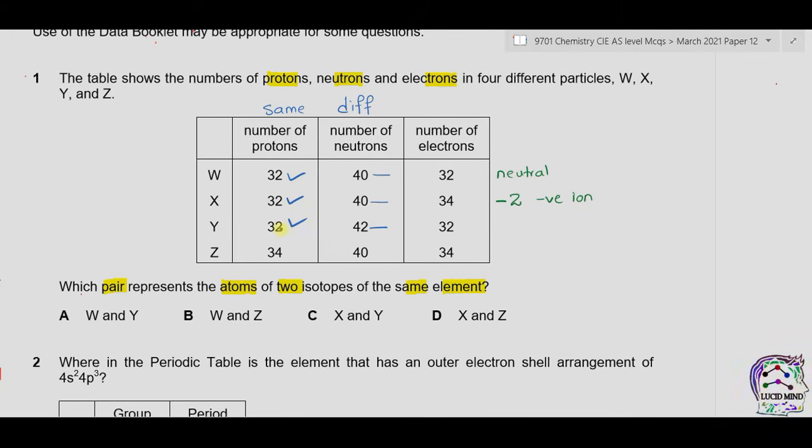In Y, number of protons is 32, number of electrons is again 32, so it is also neutral atom. In the question it says which pair represents the atoms. It does not say about ion, so therefore it is not X, it could be W and Y. Correct answer is therefore A.